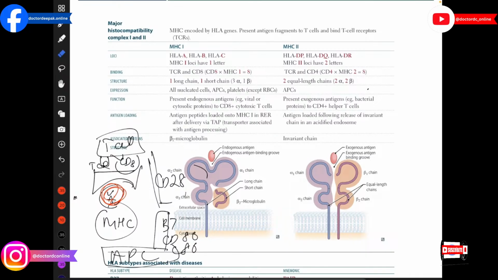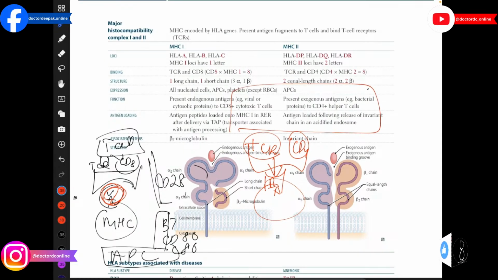And if we talk about MHC2, the same thing is there, but there will be a bacterial antigen instead of a viral antigen, and there will be a TCR with CD4 that will interact with the bacterial antigen present on MHC2, and that is the T cell.